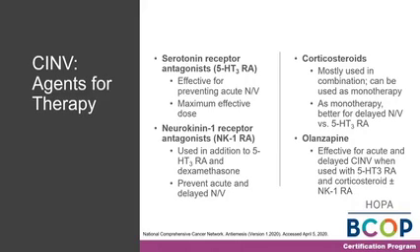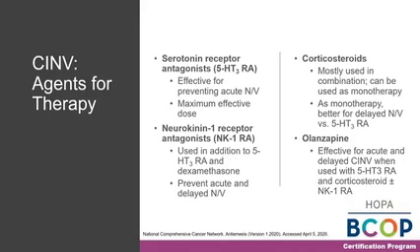These agents have not been studied to be used on an as-needed basis. However, they are often prescribed that way. So it's important to keep in mind that their primary role is in scheduling them for prevention, not to use them as treatment for breakthrough nausea and vomiting. Overall, there are no differences in the safety or efficacy between the first-generation agents, which include ondansetron, dolasetron, and granisetron. And another important note here is that there is a threshold in terms of a maximum effective dose.